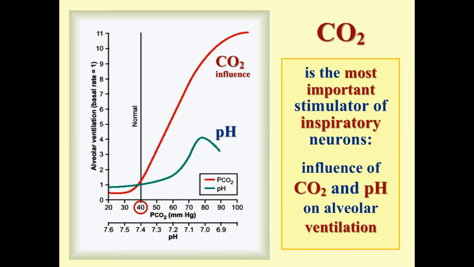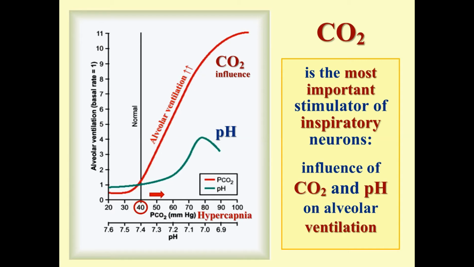Here is the normal value of pCO2 for arterial blood, 40 mmHg. With gradual development of hypercapnia, from 40 it goes to 50, 60 and so on, and alveolar ventilation increases greatly. If we start from value 1, which is normal basic alveolar ventilation, finally it reaches a value 11 times higher. So CO2 is a powerful factor that stimulates ventilation.